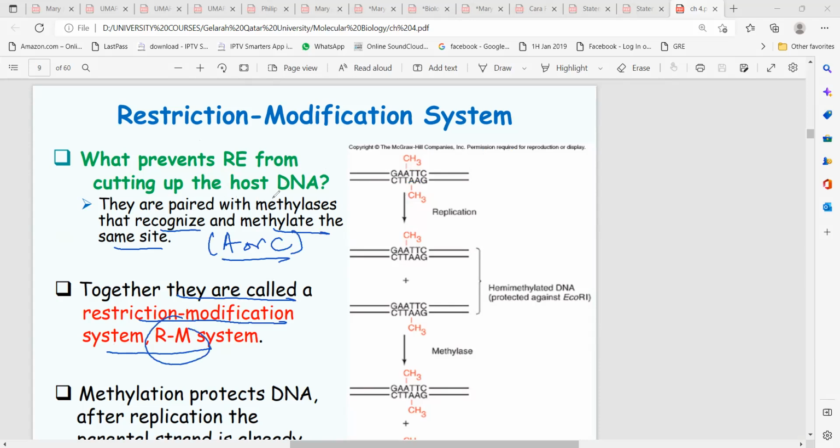So what is restriction modification system? Restriction endonuclease helps us identify the plasmid with the recombinant DNA, right? No, restriction modification. They are paired with methylases. So there are methylases also in the bacteria.